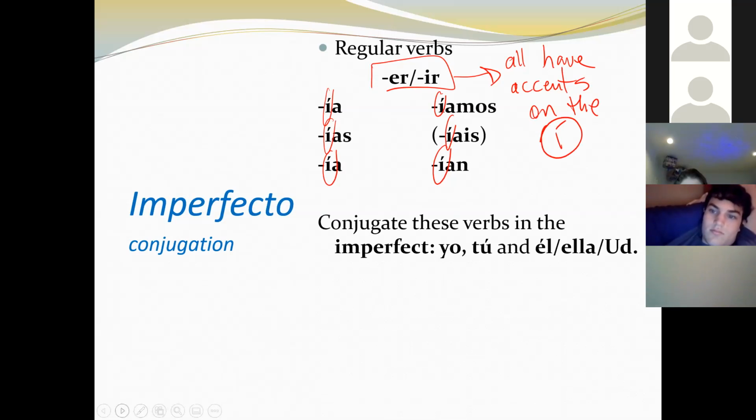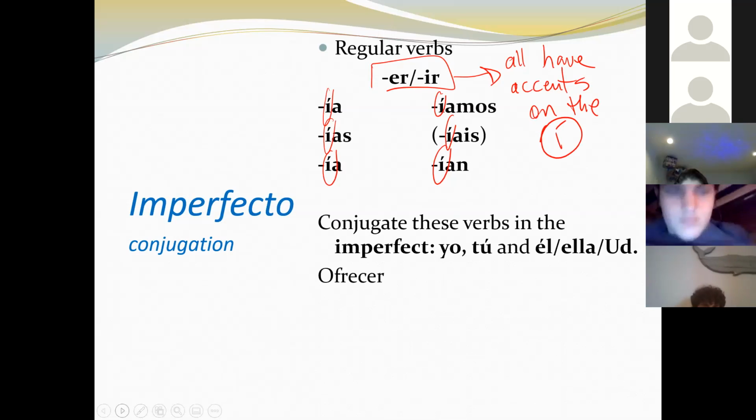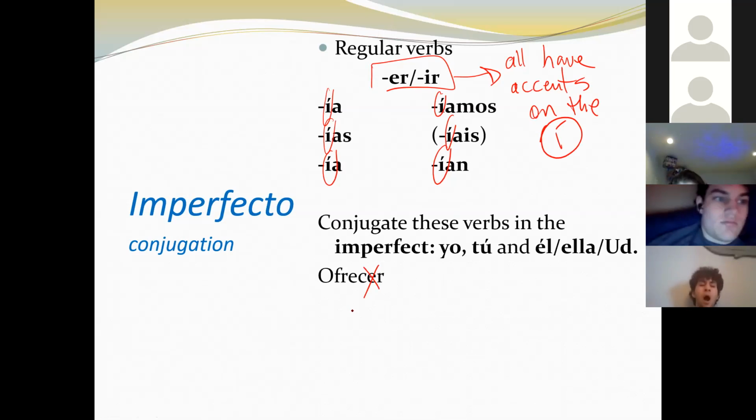So let's see here. We have, again, two verbs that are in the vocab list for this chapter, ER and IR. The first one is ofrecer. In our chapter, we know ofrecer as to offer. So we are going to drop the ER, and what are we going to do for the yo form? Josh.